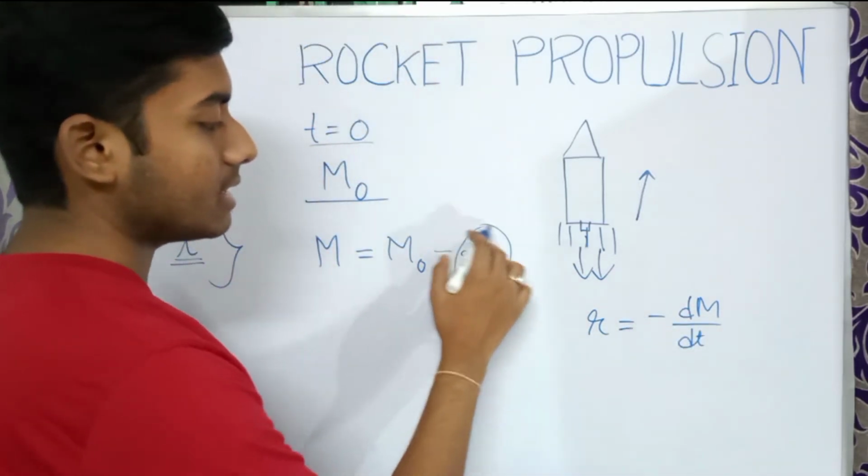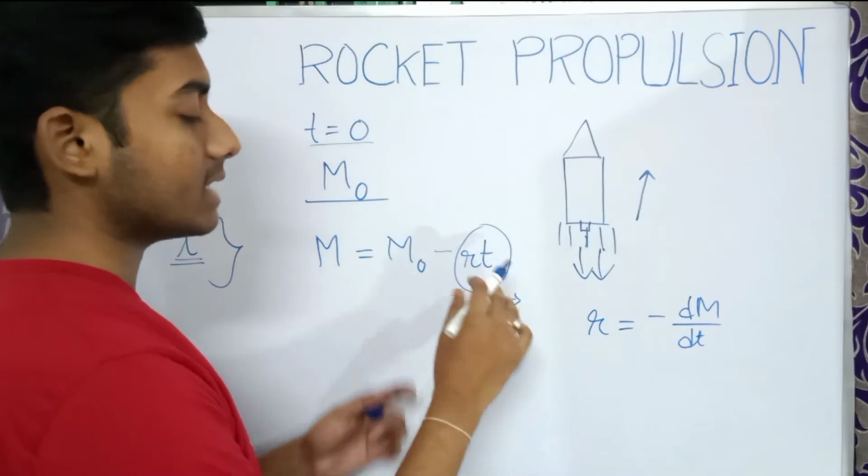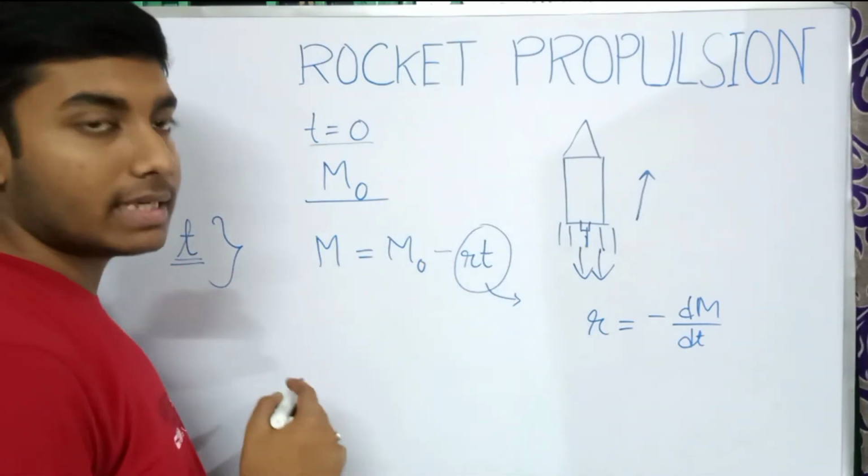So rt is the amount of ejected gas at time small t.